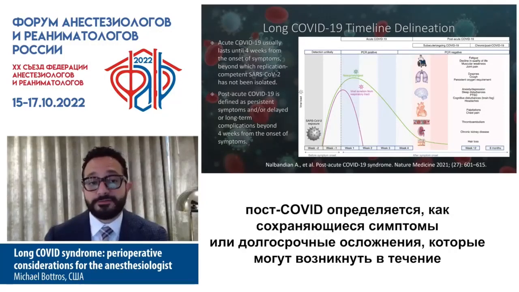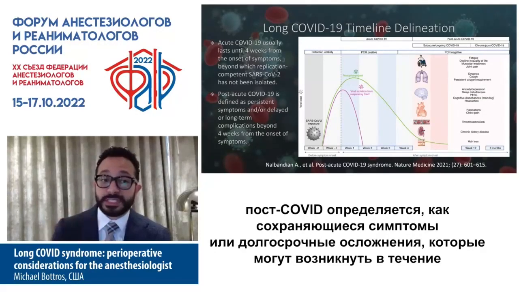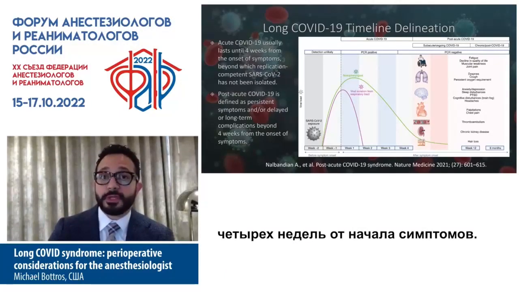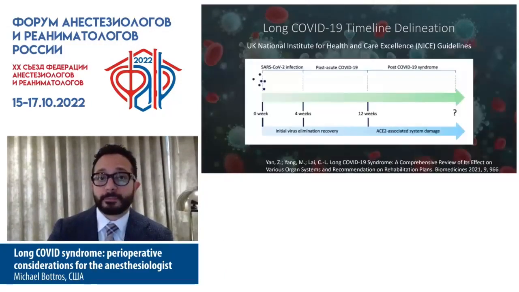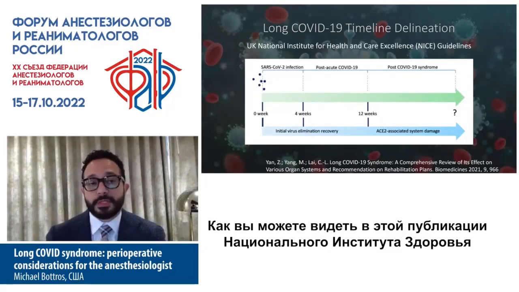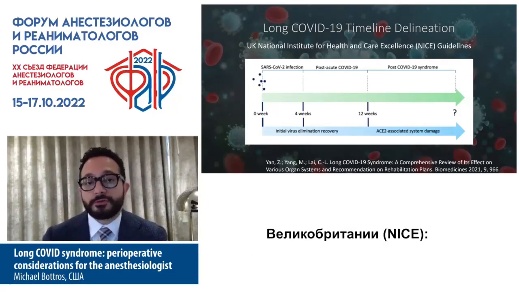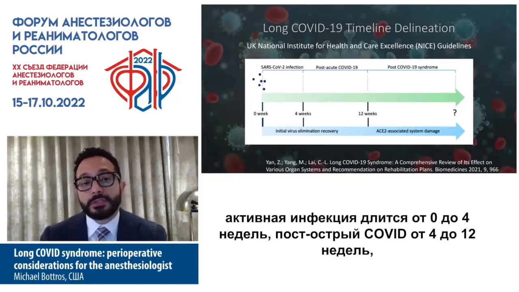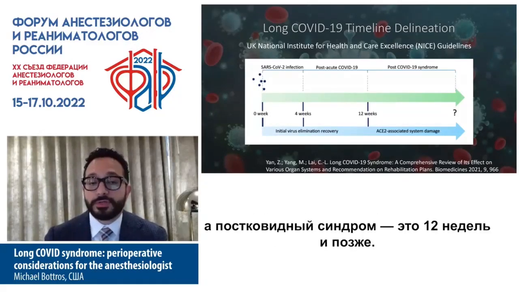Post-acute COVID-19 is defined as symptoms that persist or long-term complications that can occur 4 weeks from the onset of symptoms. So as you can see here in this publication from the UK National Institute for Health and Care Excellence guidelines, the NICE guidelines, you can see that the active infection is from 0 to 4 weeks, post-acute COVID-19 4 to 12 weeks, post-COVID-19 is 12 weeks and later.